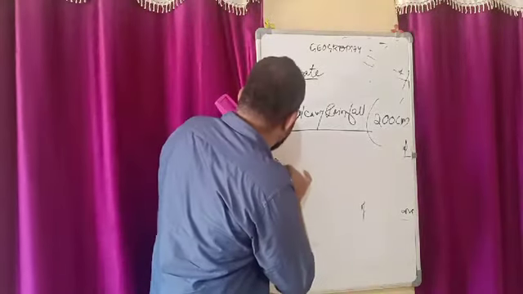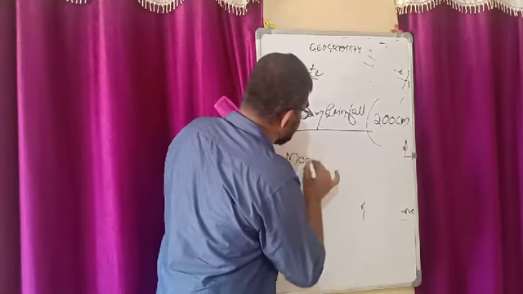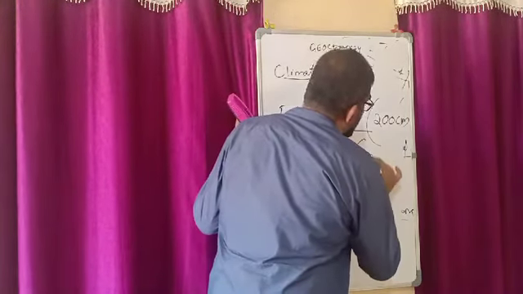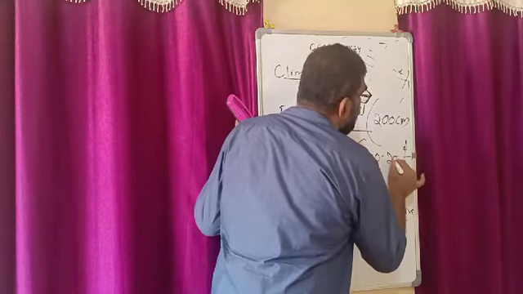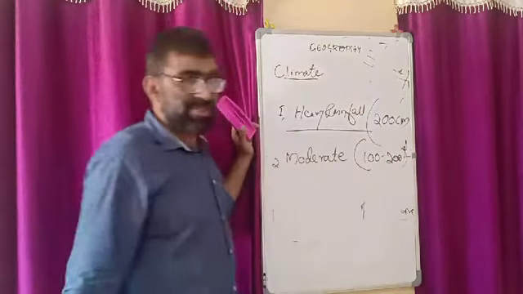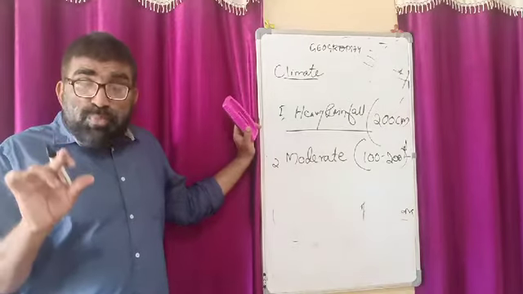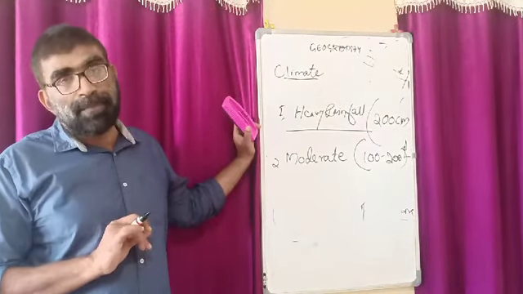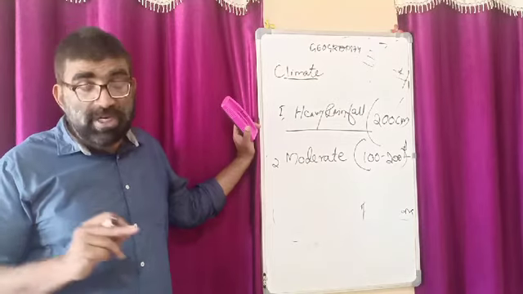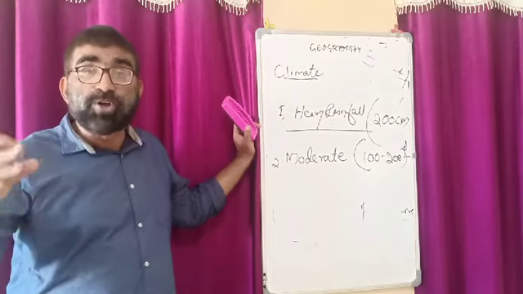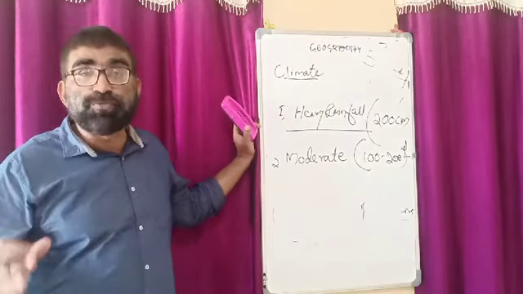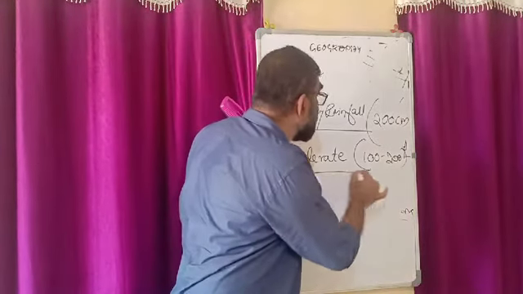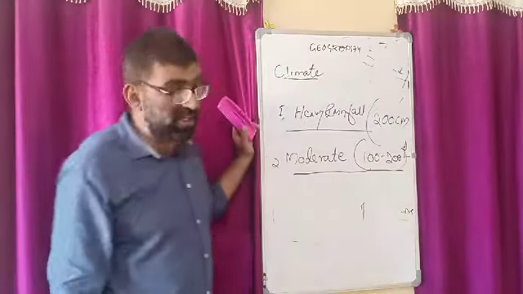Then areas of moderate rainfall, 100 to 200 centimeters. This moderate rainfall occurs in the middle Ganga Valley, Bihar, West Bengal, then the northern part of Telangana, Andhra Pradesh, part of Tamil Nadu, and Madhya Pradesh. These states receive moderate rainfall.